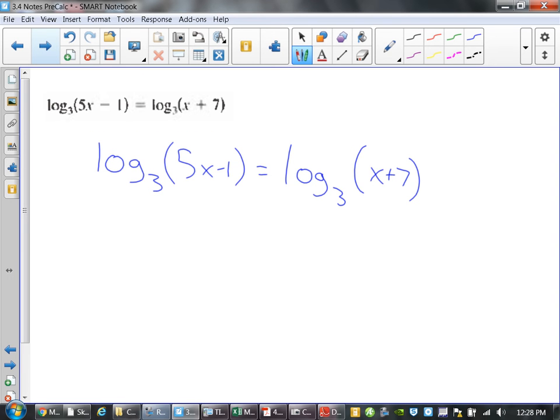Is the log equal? I could have done this. What do you have to do? Remember how you get rid of the log 3s? No, Maddie's right. What you do is we call it exponentiating. Since this is a base 3, I now make this a base of an exponent.